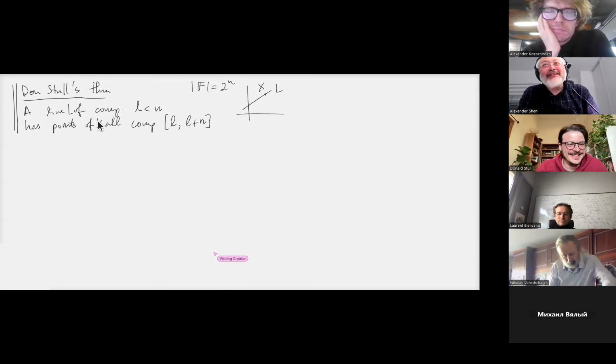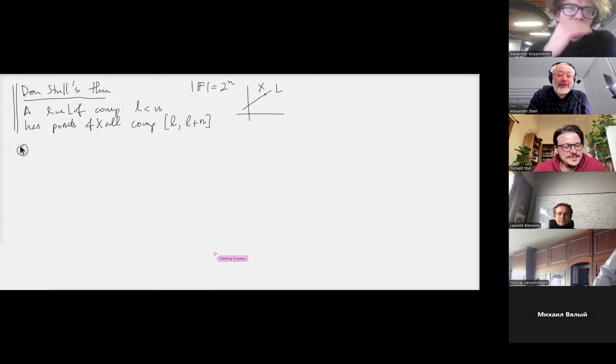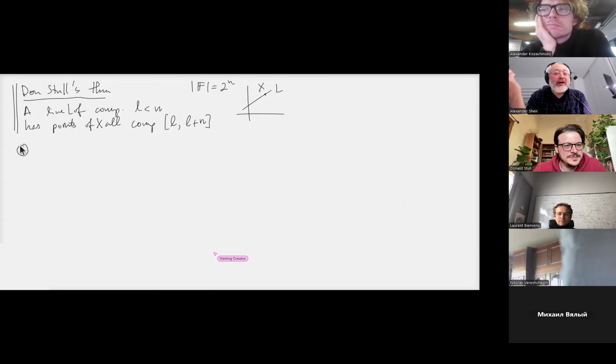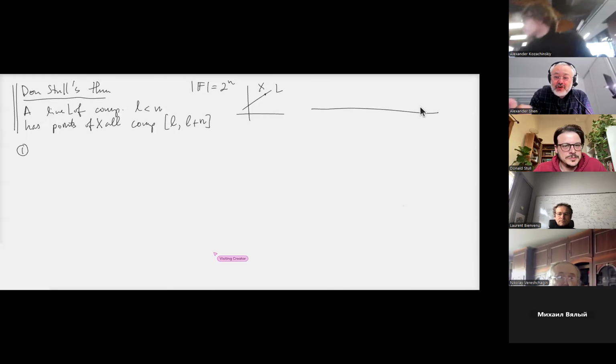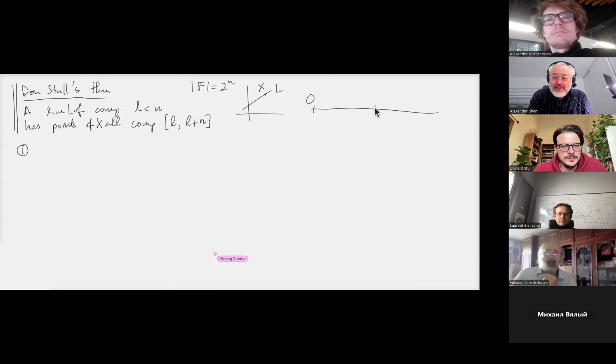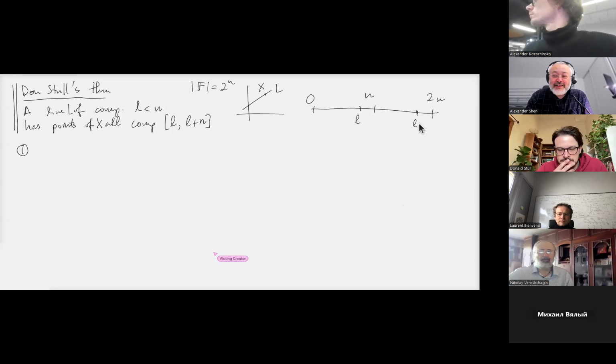So actually there are three cases. One case is very simple, the case where we already know the argument. Let me draw the picture. We have 0, n, 2n, we have L here, and we have L plus n here.